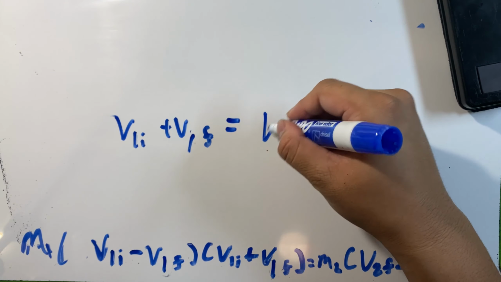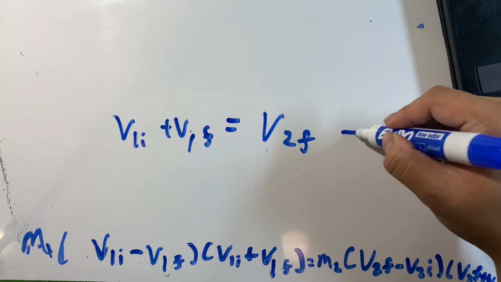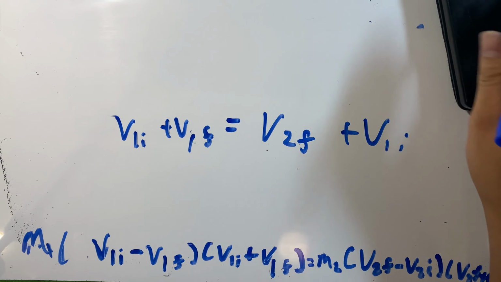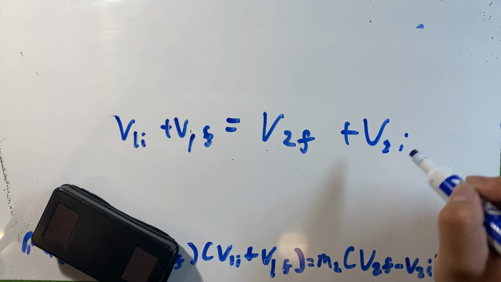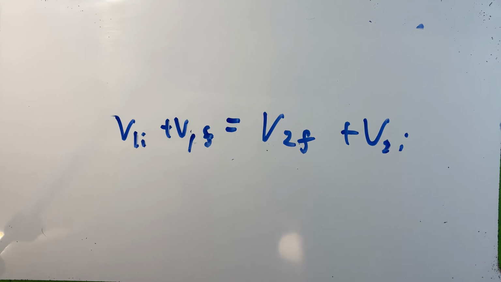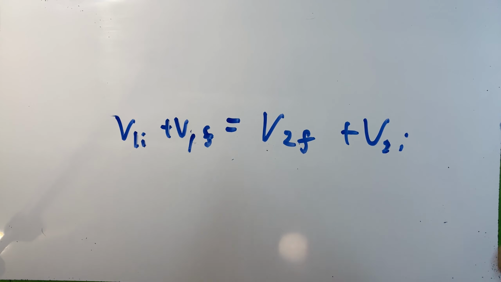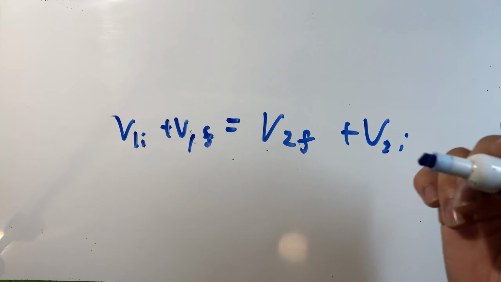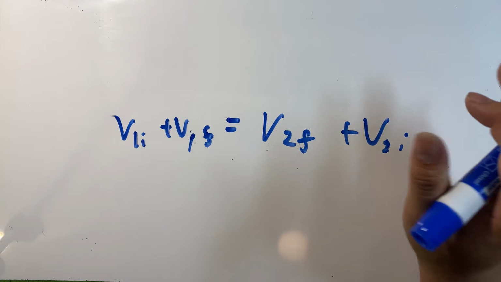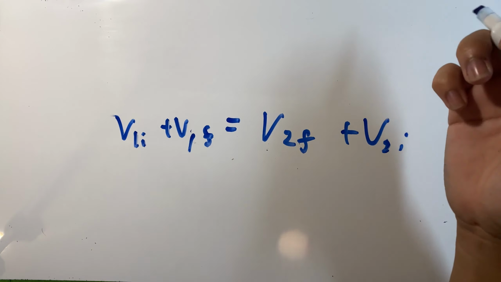V1i is going to be V2f plus V2i. See, notation gets really important here. I'm messing up for some reason. I'm not sure why, it's been a long day. This is called the relative velocity equation, and it's actually pretty important to doing elastic collisions.